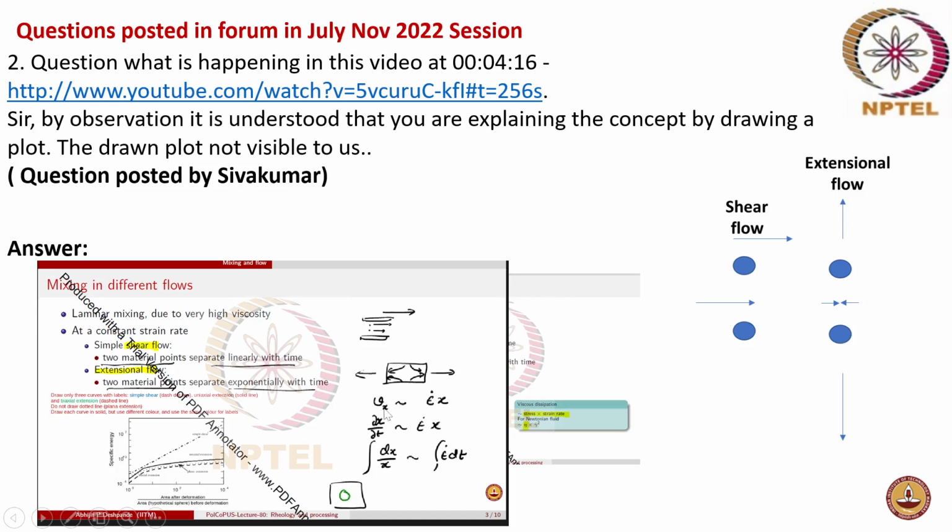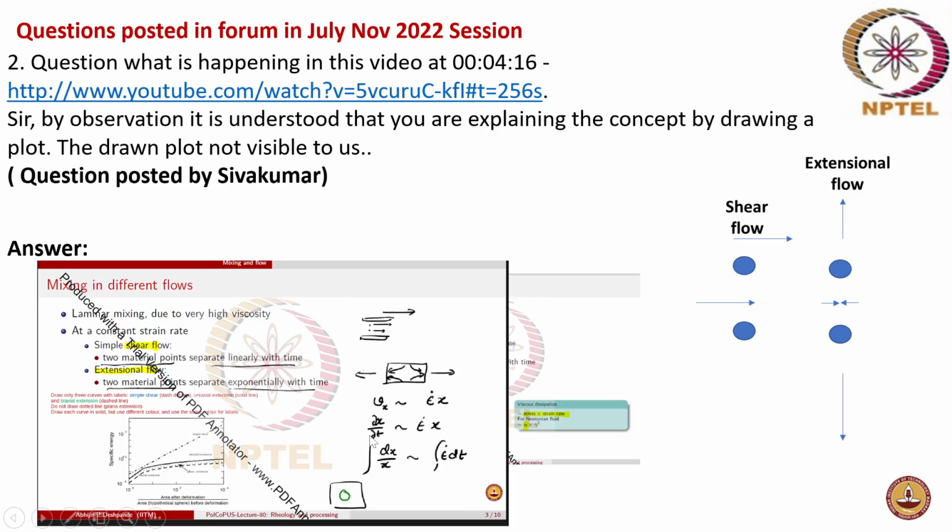Here, because your velocity is a function of the shear rate times the distance, and velocity is nothing but the rate of change of displacement, dx/dt is equal to shear rate times x.